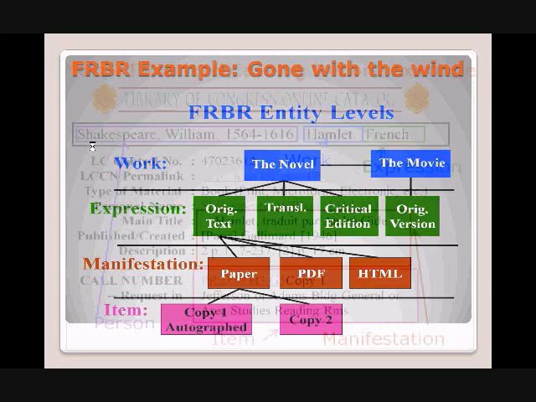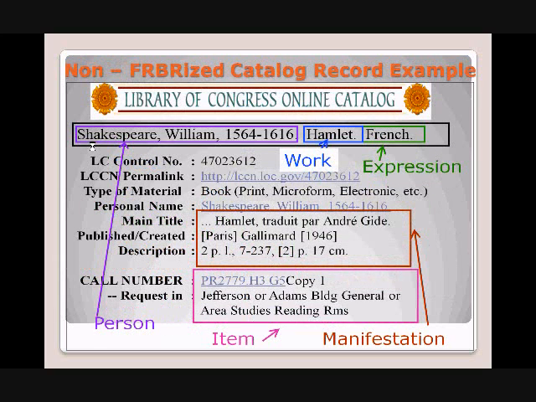So for example, this library catalog record shows that the work Hamlet, which is located in this part of the library record, is expressed within this particular item as a French translation.